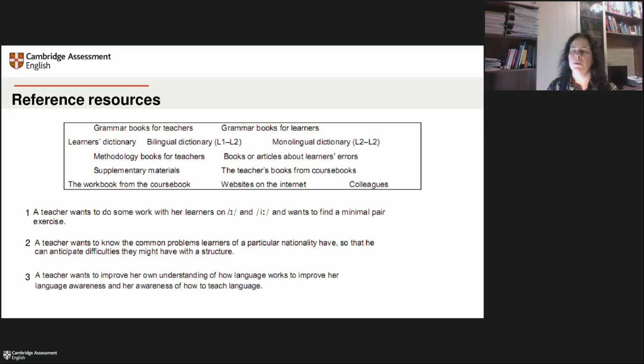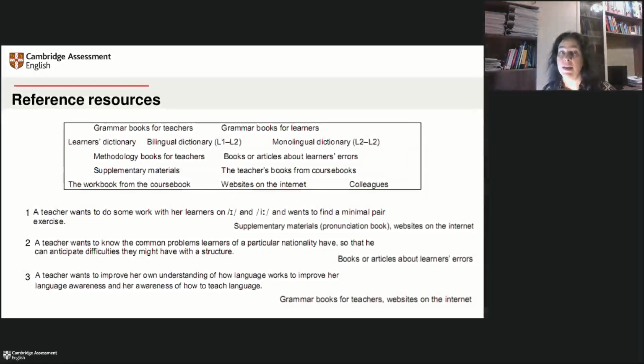Good. Okay. And how about number 3? Any ideas what we can use? Yeah. Methodology books for teachers that perhaps I've mentioned earlier, yeah, might work.